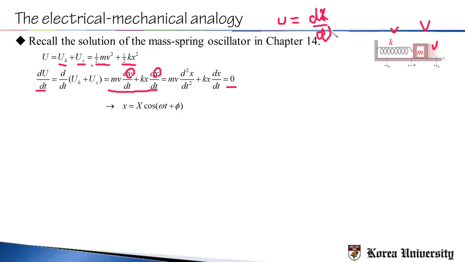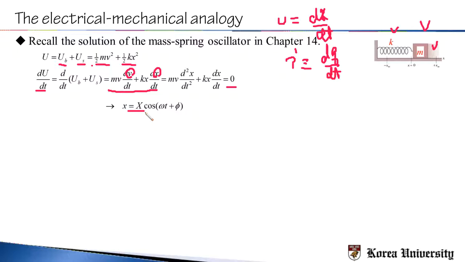This is exactly the same as the current being the time derivative of the charge that we have seen in this case. So this phenomenon is exactly the same and the solution looks the same.